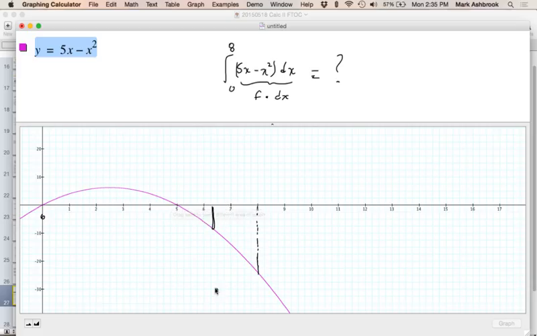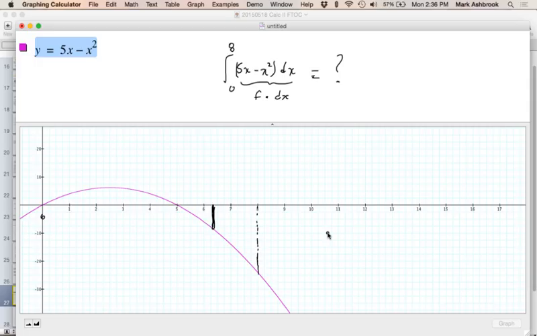So if you think about our typical strips over here, area is always positive. So the area of that strip is positive, but what the integral does is it will take the value of f as the height, and that value of f is negative. So that little strip will have a negative contribution to the integral.